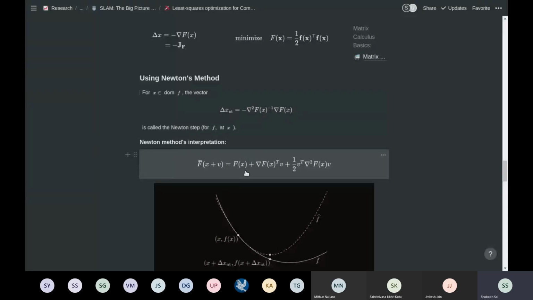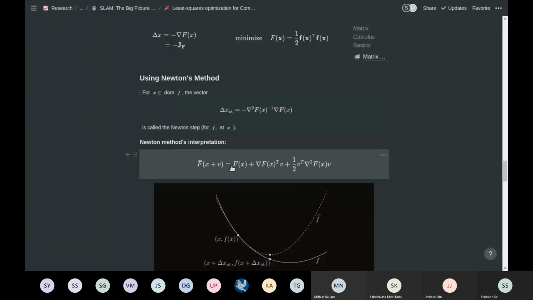If you recollect what Taylor series is, even if it's an extremely complex function, I can either approximate it as a linear function by taking the first order term, or as a quadratic equation by taking the second order term. The unknowns over here would be only the delta x's or v's.